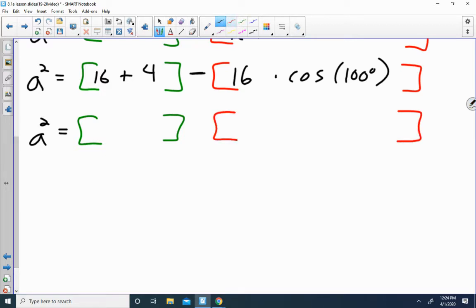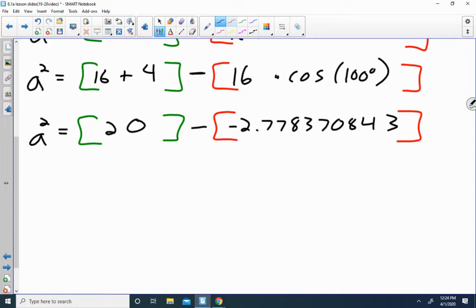Okay, brackets one more time. First in the green bracket, 16 plus 4 is going to be 20. And then in the red bracket, we got to do 16 times cosine of 100 degrees. If you plug that in the calculator, you should get this long decimal, negative 2.778370843.